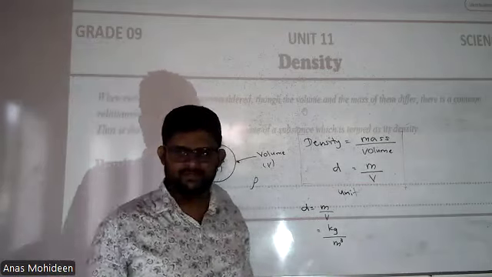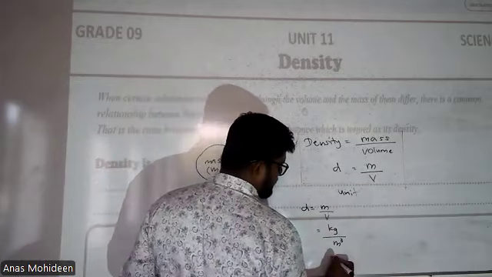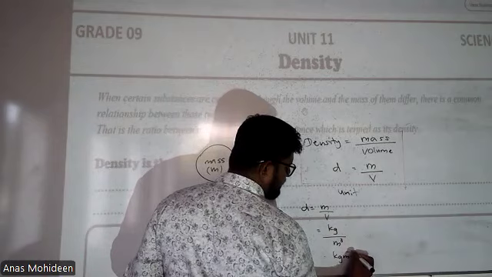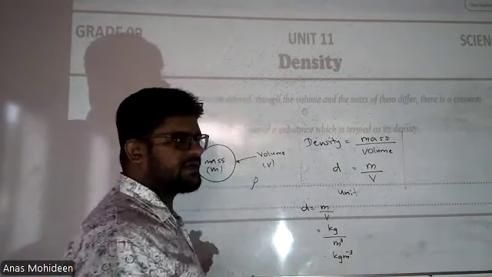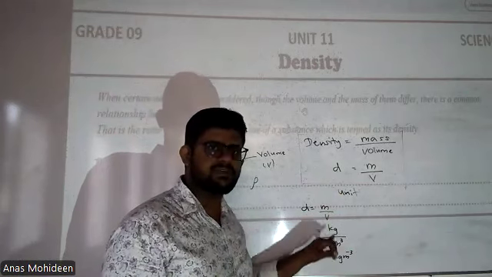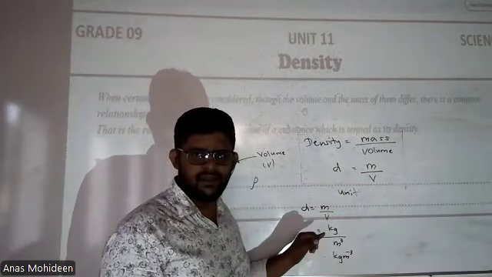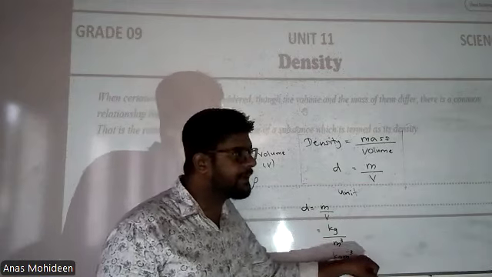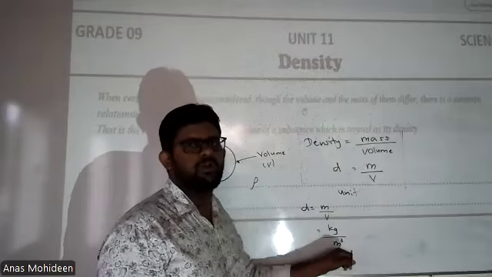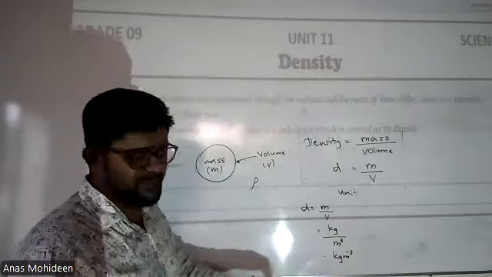This is the standard unit. So the final unit comes kilogram per cubic meter, which becomes kg m minus 3. How do you read that? Kilograms per cubic meter. Minus means per, and cubic means 3. Kilograms per cubic meter. That is how we read it.